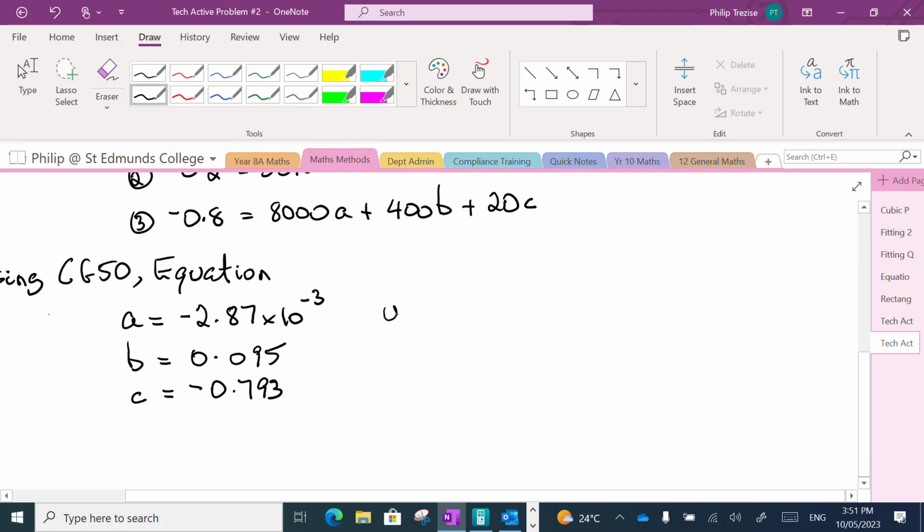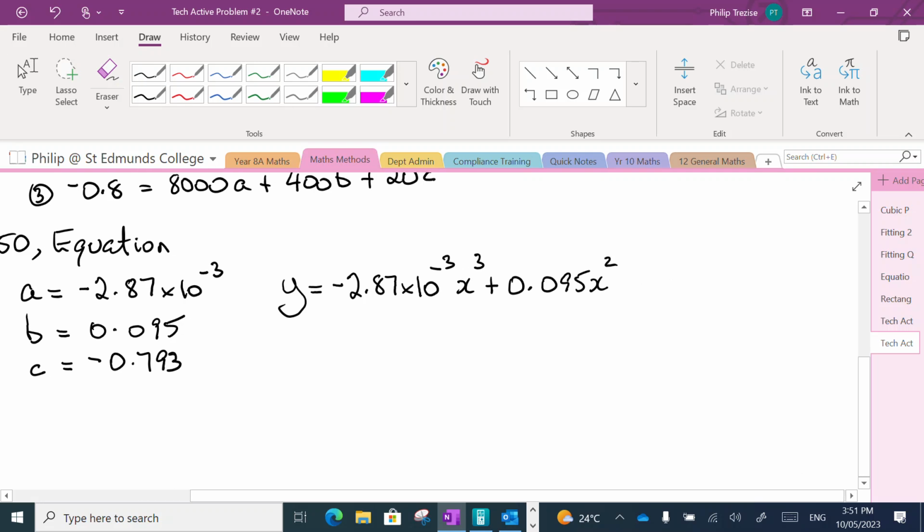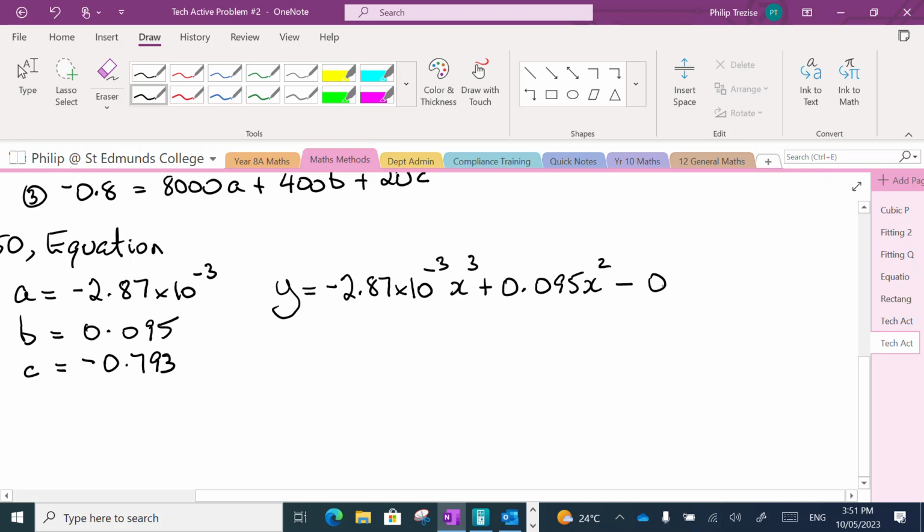And that, of course, is my function: negative 2.87 times 10 to the negative 3 x cubed plus 0.095x squared. There's no way I would have done this one on pen and paper. Minus 0.793x.